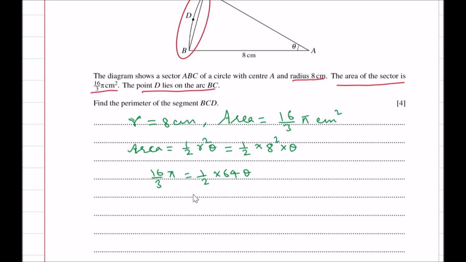So we get now 16 by 3 pi is equal to, we can cancel 64 divided by 2, that gives us 32 theta, right? And this implies that theta equal to 16 by 3 pi, 32 goes into denominator.